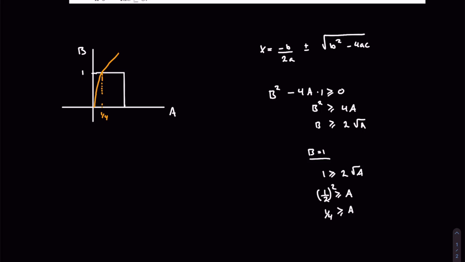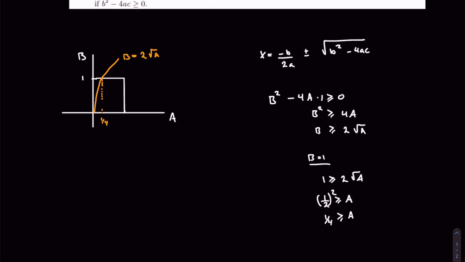In fact, if you take up your graph plotter, you will see that it looks like so. So this is when b equals 2 root a. It starts at 0 and hits 1 at a equal to 1/4.